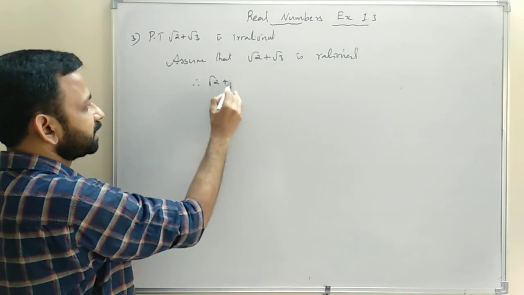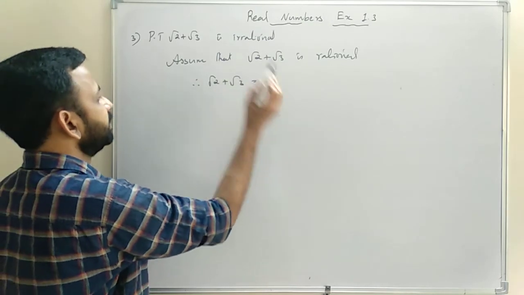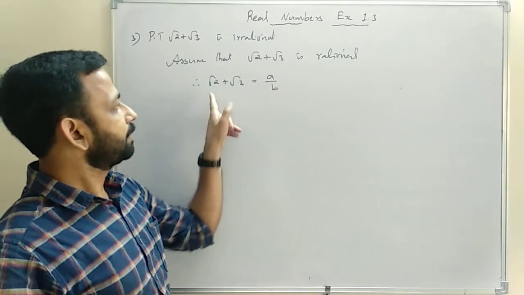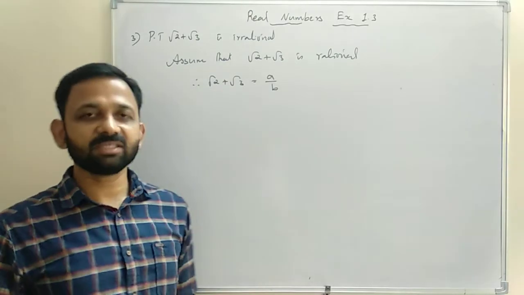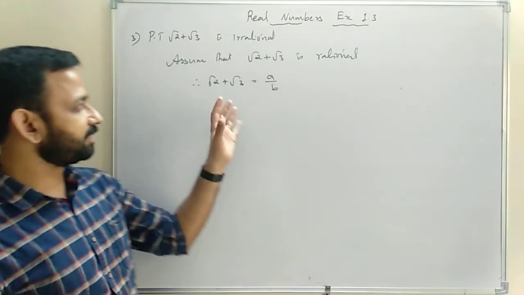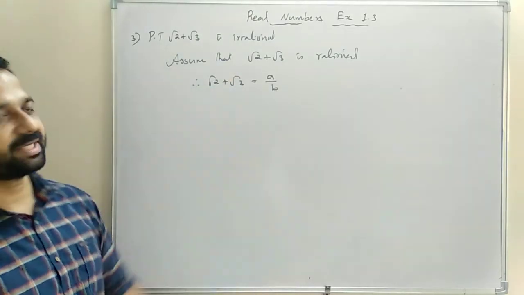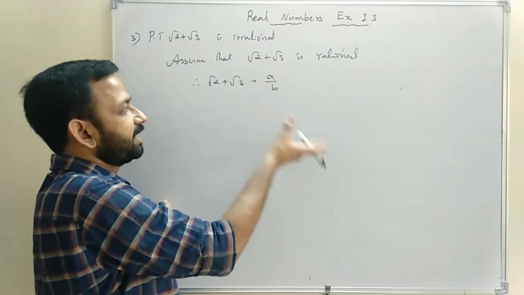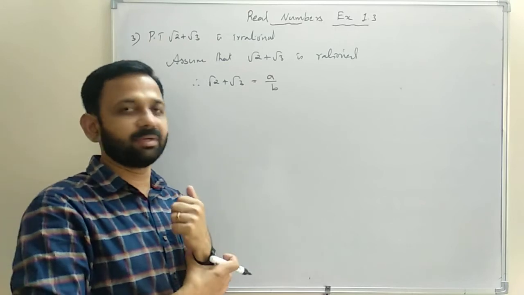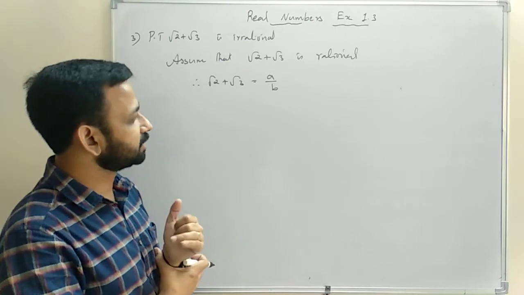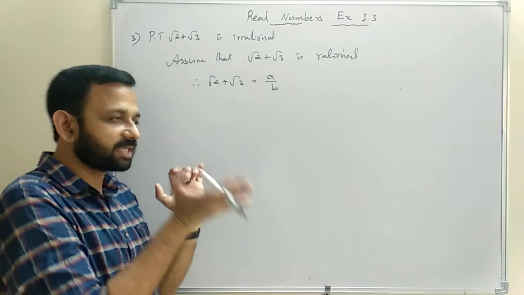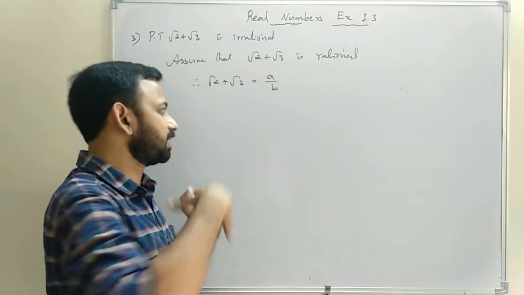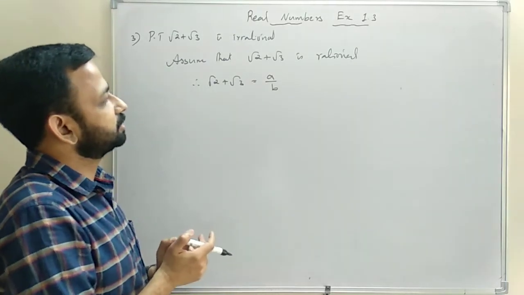Therefore, root 2 plus root 3 is equal to a by b. So here, both the numbers are irrational numbers. We cannot take an irrational number from left to right, because then we will get an irrational number on both the left side and the right side. Here in this question, we need to get an irrational number on one side and a rational number on the other side.